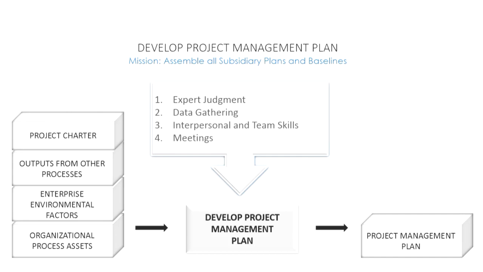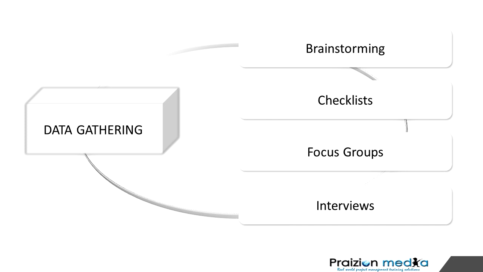Remember, in the previous processes, we've talked about data gathering, and here we have brainstorming for gathering data. It's a no-brainer, isn't it? Brainstorming is a no-brainer. Checklists. This could be a checklist for making sure that all the different things that should be in the project management plan are actually accounted for.